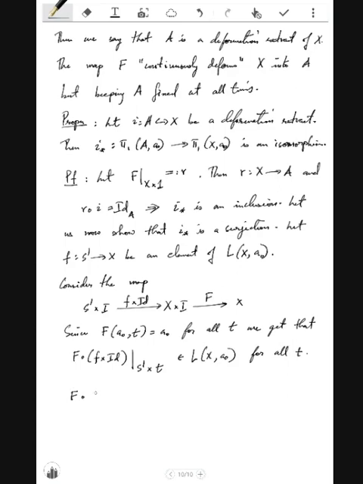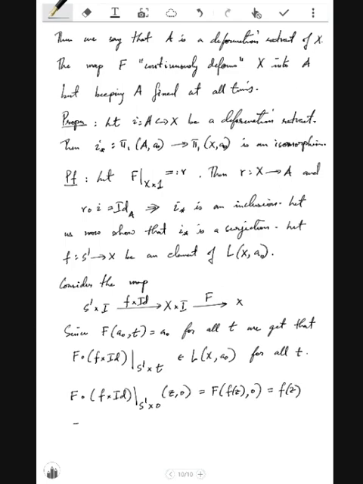When we restrict it to S1 cross 0, if we apply it on an element z comma 0, it is equal to f of z comma 0, which is simply equal to f of z, since F restricted to X cross 0 is identity.